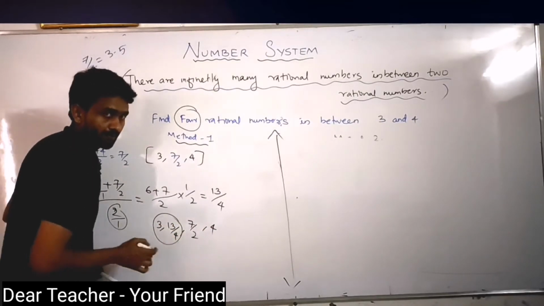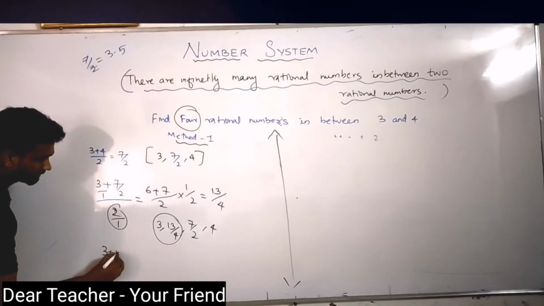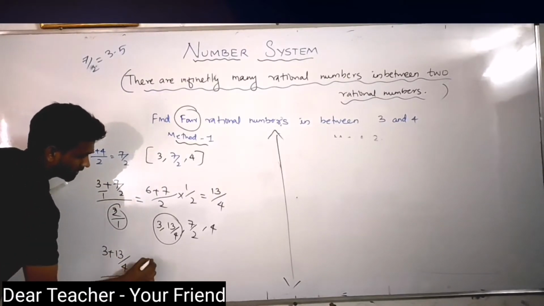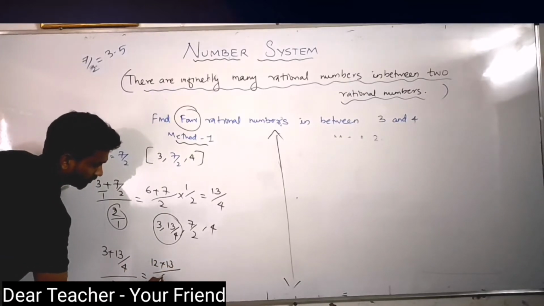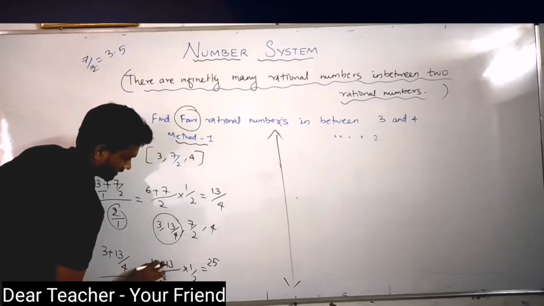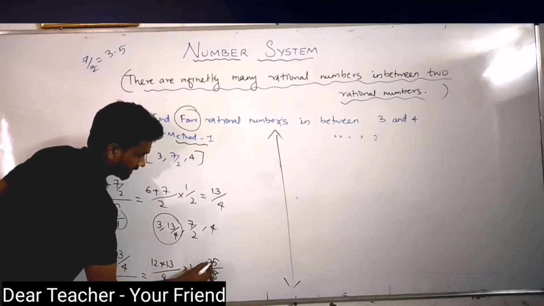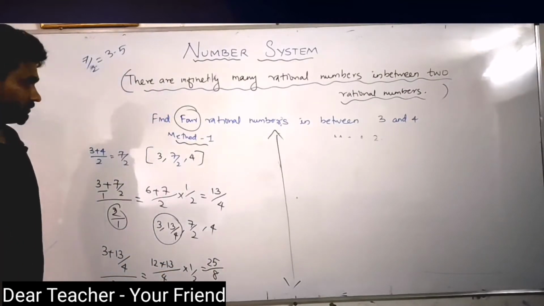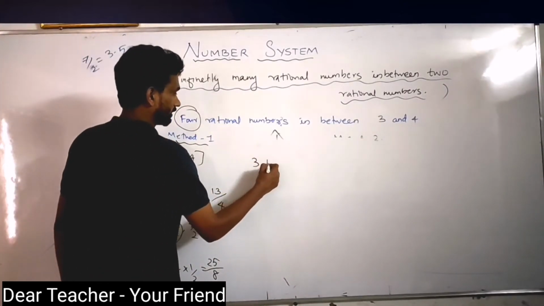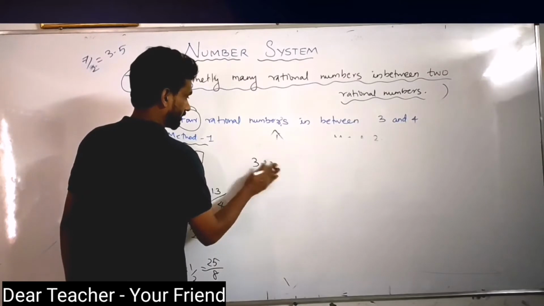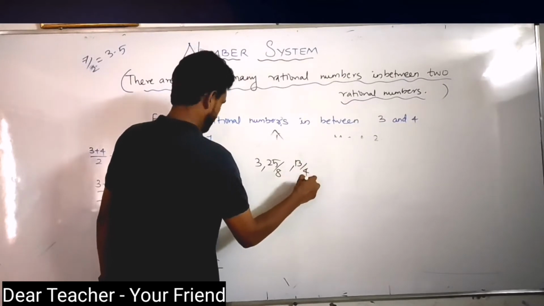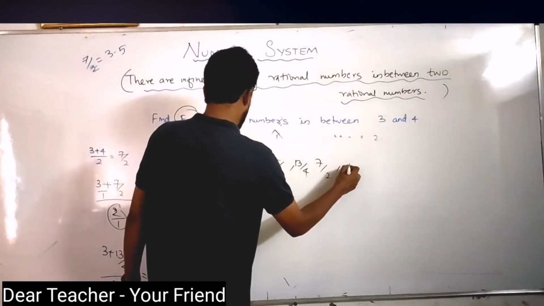Again, repeating the same step, 3 plus 13 by 4, divided by 2: 12 plus 13 by 4 into 1 upon 2, it will be 25 upon 8. Now the numbers are 3, 25 by 8, 13 by 4, 7 by 2 and 4.